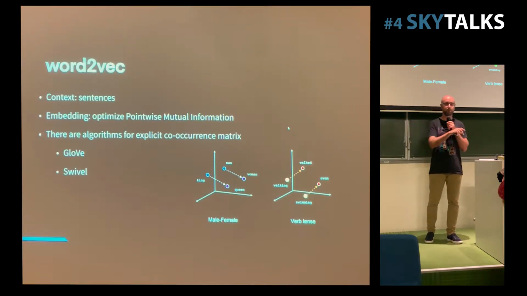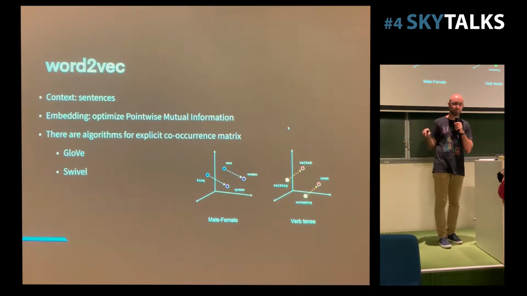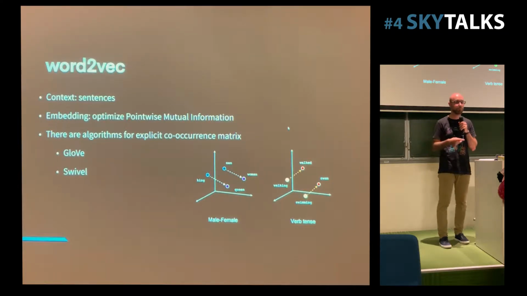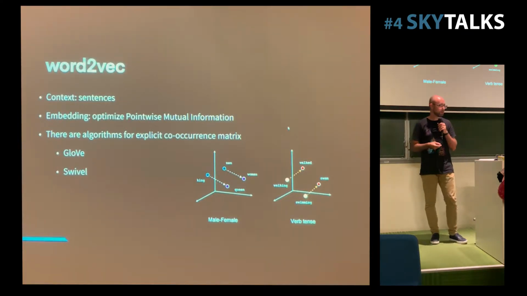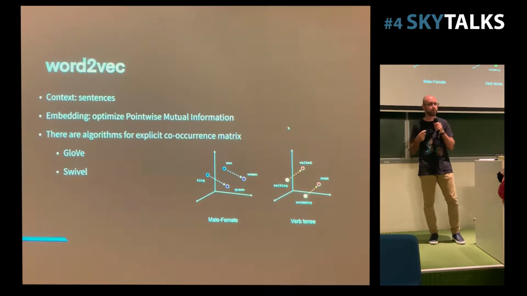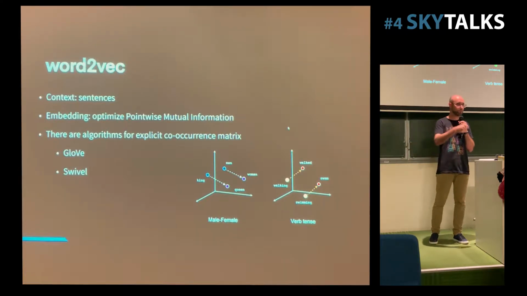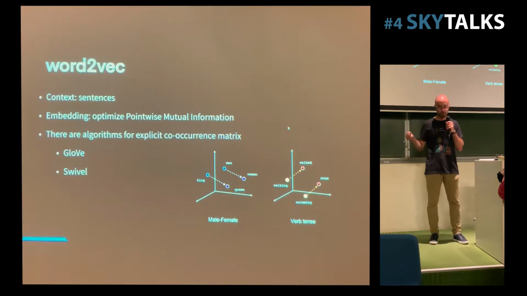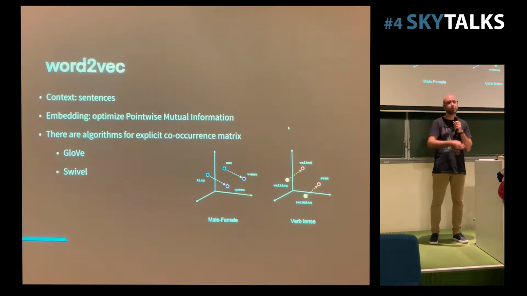And if you have redundant, irrelevant items, your PMI will be very low. And you can solve this PMI optimization problem in different ways. You can apply gradient descent and just read your data set batch by batch. And this is what the original paper did.